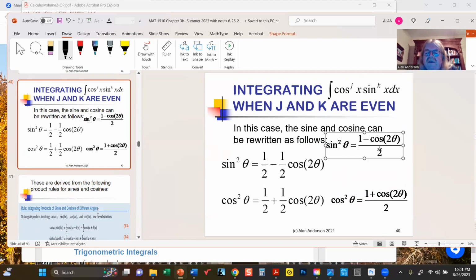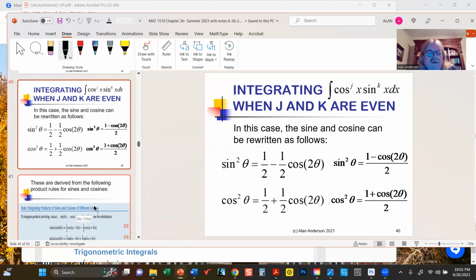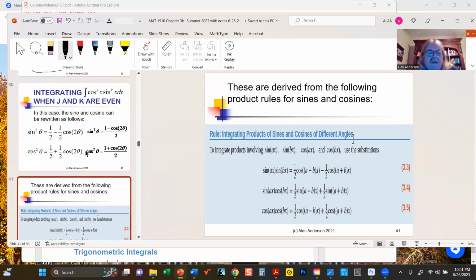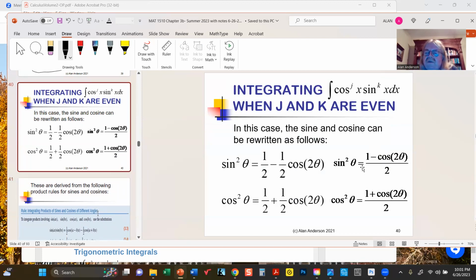Algebraically, they're the same thing. Now, it turns out that there's yet another set of identities involving sines and cosines, except this time they involve multiplication. And what we're going to see is that if you use these rules, you can also derive these results.